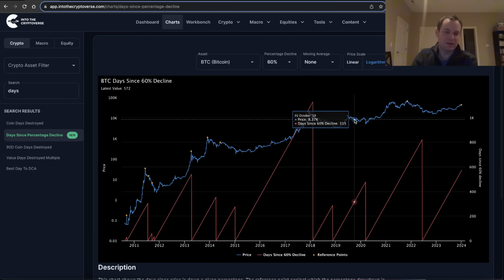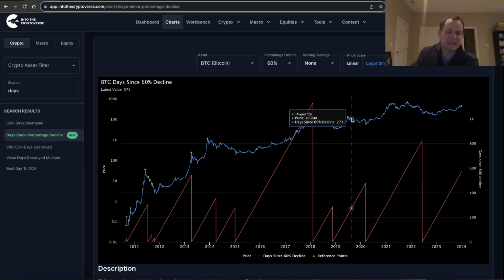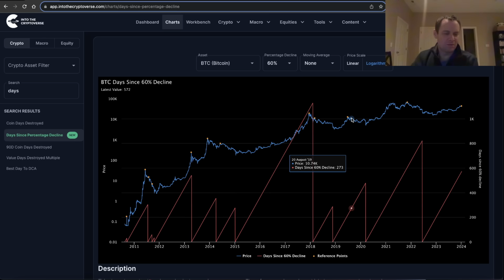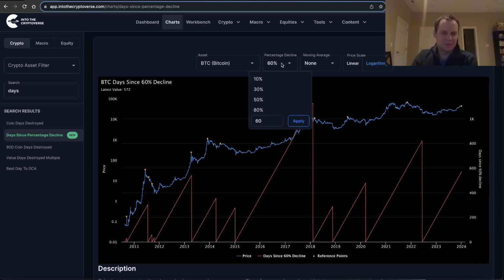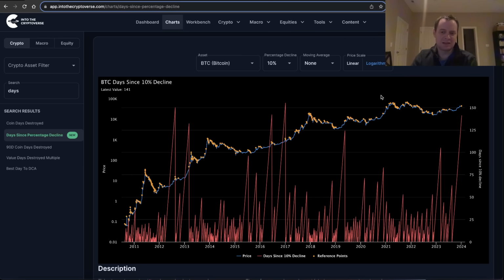I like the visualization of this sort of chart, because it just kind of shows me, are we in uncharted territory or are we not, right? In terms of 60% declines, this is not really uncharted territory. In terms of 10% declines, it's getting pretty extended. I mean, it doesn't mean we can't go another week or two, of course.